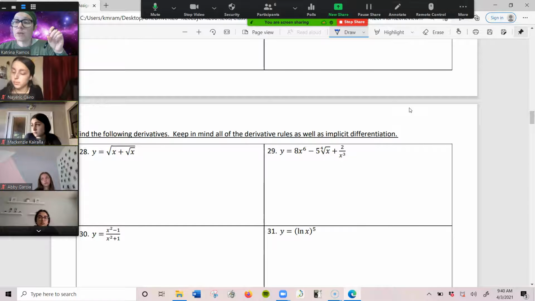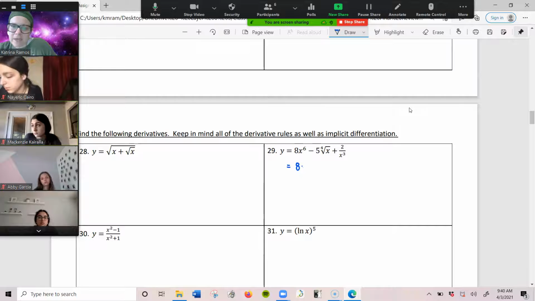So we want to rewrite those exponents. So we have the 8x to the 6 is fine. I can take that derivative. Now this -5 is being multiplied by the fourth root of x, which if we write the exponent, that's x raised to the 1/4. Is that part okay?